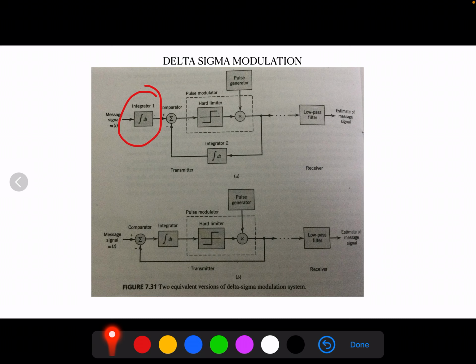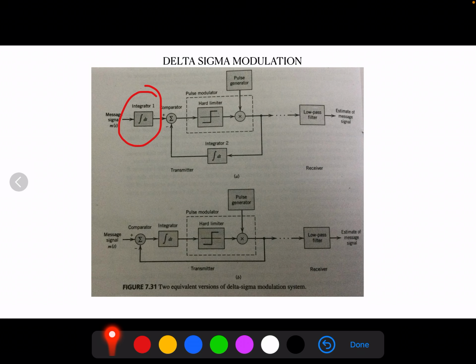Moreover, we note that the integration is basically a linear operation. Accordingly, we may simplify the design of the transmitter by combining the two integrators 1 and 2 into a single integrator placed after the comparison as shown in this figure. Instead of having two integrators, we can have an integrator after the comparator.